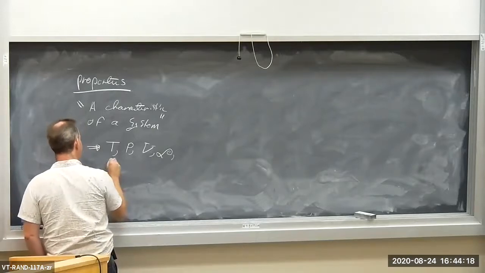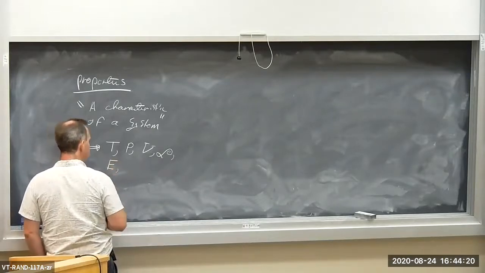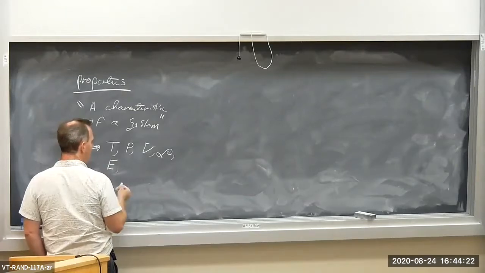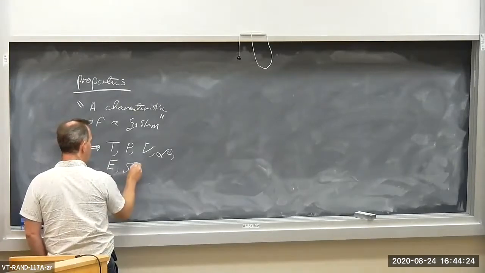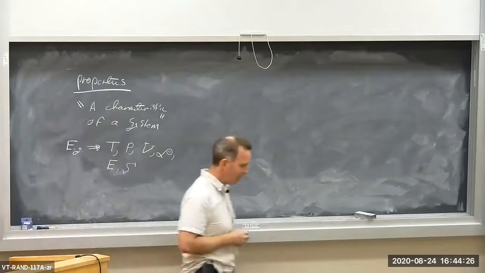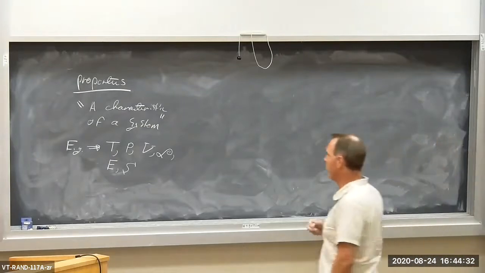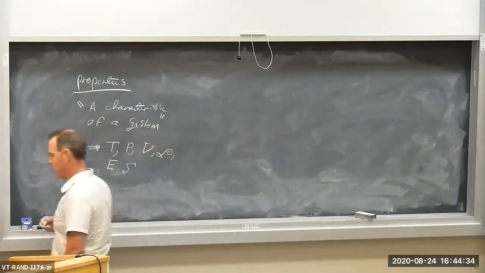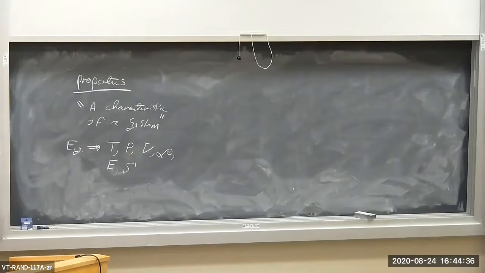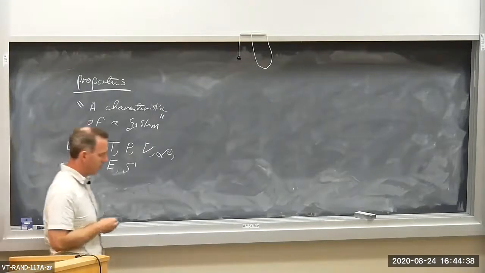You have energy, and later on, we'll talk about it, you have entropy, S. S is entropy, not E. So these are all characteristics or properties of a system.